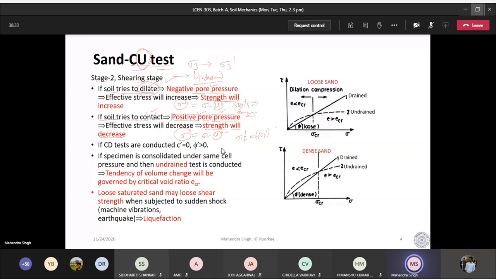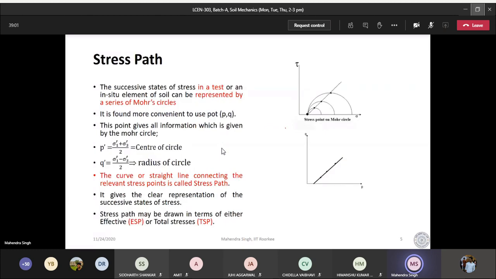Okay, so this is... and if you are doing consolidated drained tests, let me explain one more thing here.